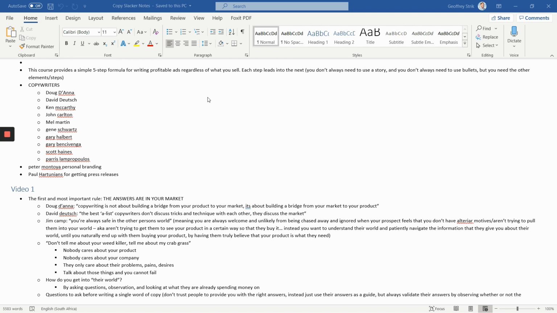So just to clarify that, there's 5 different steps which we go through in sequence to create successful ads, to sell whatever products that you might be selling, whether that be your own products or that of your competitors. You won't need to use story, which is one of the elements, and you also won't need to use bullets.